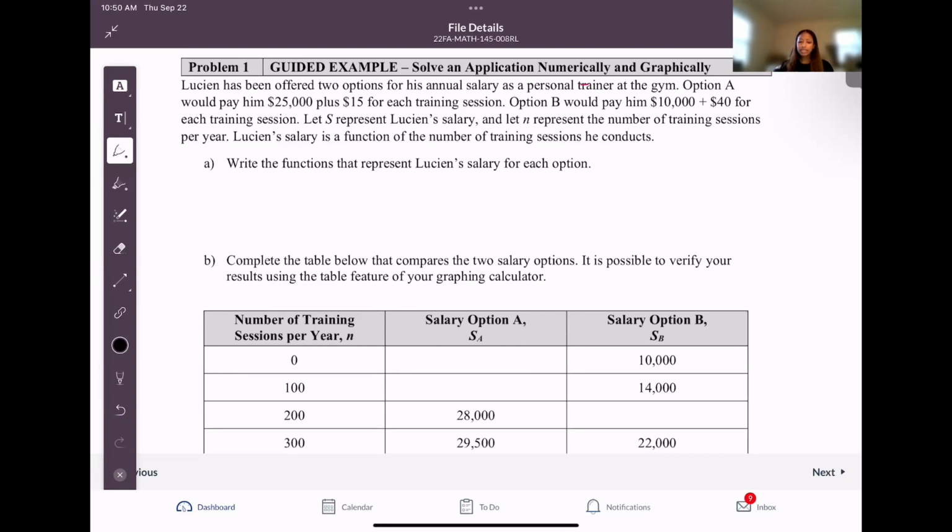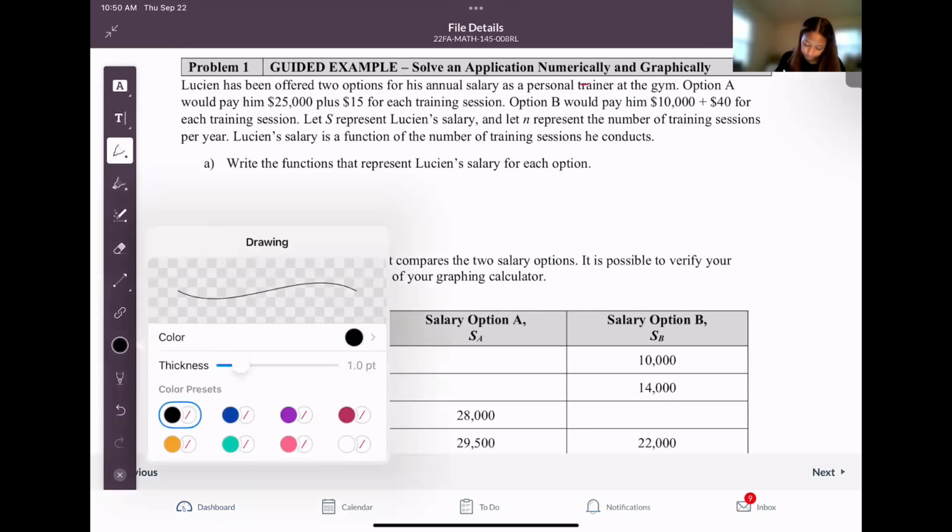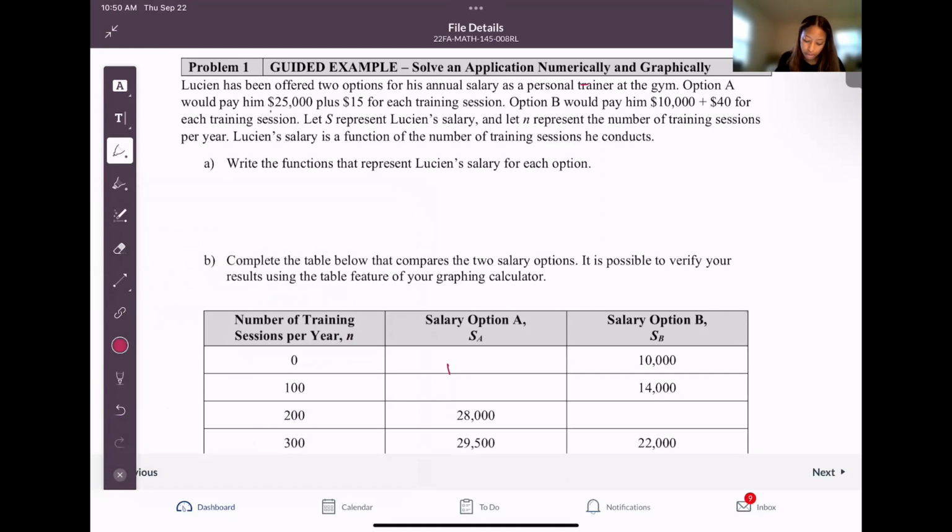We're told Lucian's salary is a function of the number of training sessions conducted. N represents the number of training sessions, and S of A and S of B represent the outputs. So write a function that represents Lucian's salary for each position. I'll try to color code this.